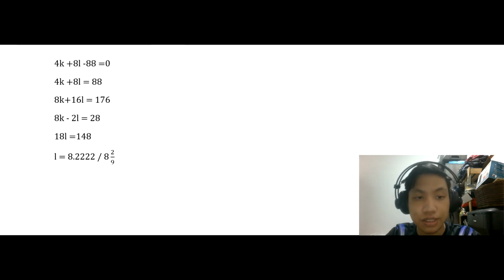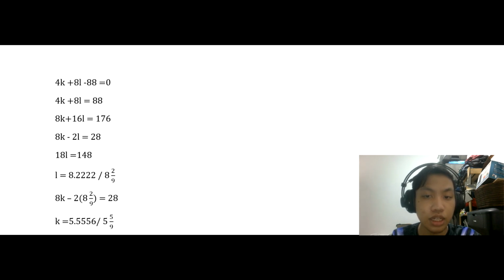After we obtain this equation, we substitute it into the last equation from the differentiation, and we get the values of l and k, which are l equals 8.222 over 9 and k equals 5 over 9. So from this solution, with the budget constraint of 88 ringgit, we can produce 8.22 LL bolts and 5.556 KK bolts.